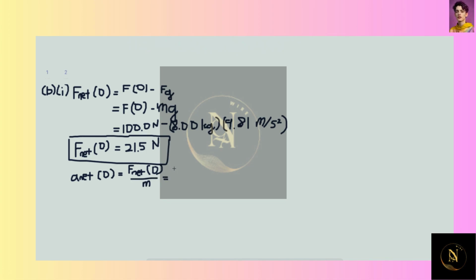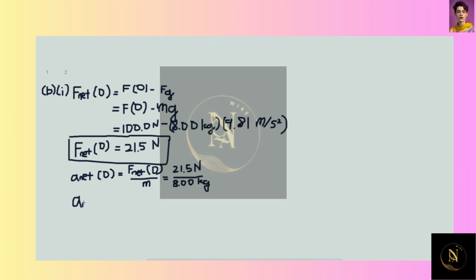So what that means is that we take 21.5 newtons and divide through by 8.00 kilograms.